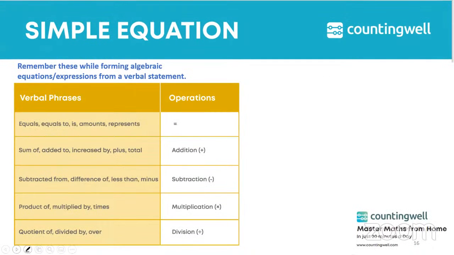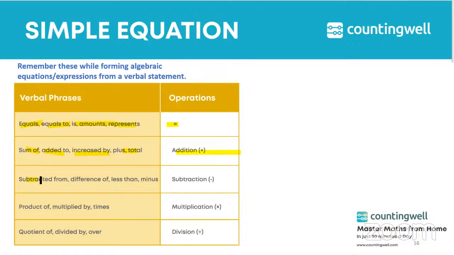Also, you have to remember this while you are forming algebraic equations or expressions from a verbal statement. Whenever in the statement the keywords come as equals, equals to, is, amounts, or represents, that time you have to use the equality sign. And in the verbal expression, if you have sum of, added to, increased by, plus, or total, you have to use the operation addition.